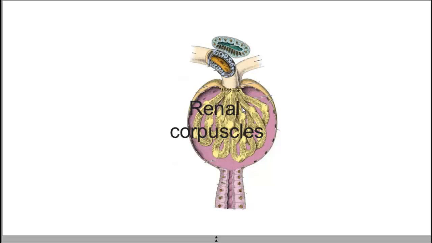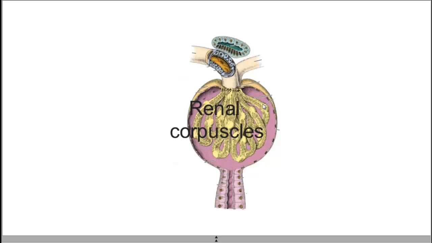There is an internal or visceral layer of the capsule that envelops the capillaries of the glomerulus, and an outer layer called the parietal layer of Bowman's capsule. Between the 2 layers of Bowman's capsule is the urinary space, which receives the fluid filtered through the capillary wall and the visceral layer.